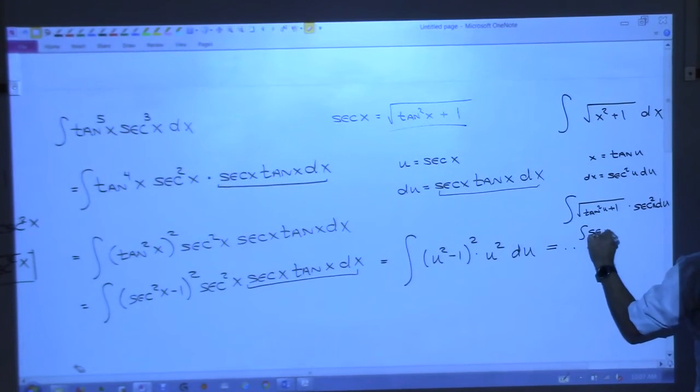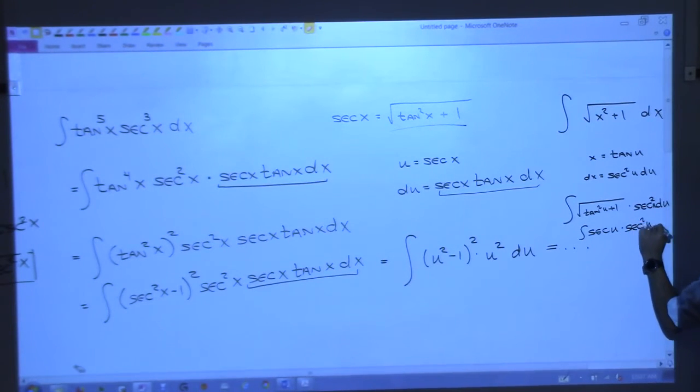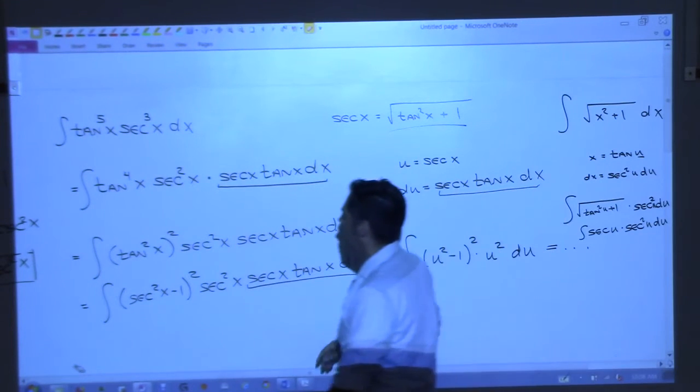So this is secant u times secant squared u du. That's secant cubed, right? This is a trig integral now. And so we'd finish it, and then we go back and replace x. Everywhere we see a u, we'd have to replace it with arctan of x. This is where we're headed, but we don't do that here, okay? But that's where we're headed.